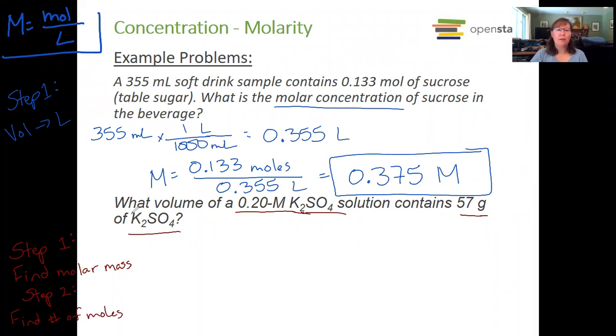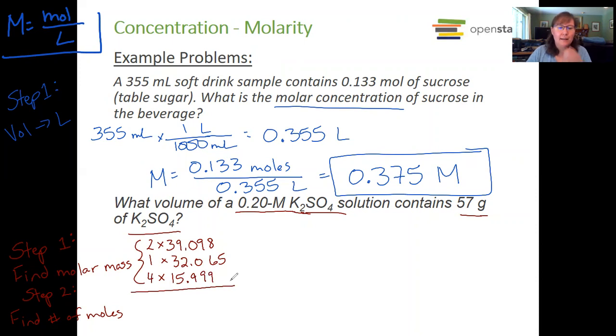All right, so step one, we have K2SO4. So we have 2 potassium. So that's 2 times, got to grab my periodic table here, 2 times 39.098. There we go. We have 1 sulfur, so 1 times 32.065. And we have 4 oxygens, 4 times 59.999.